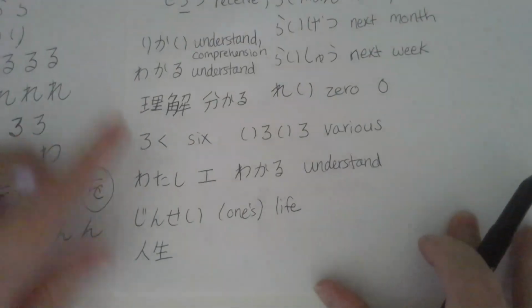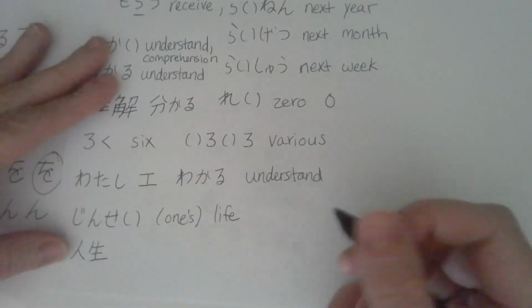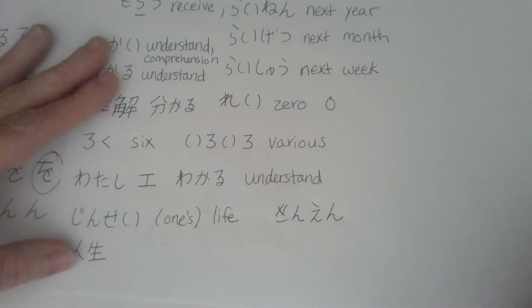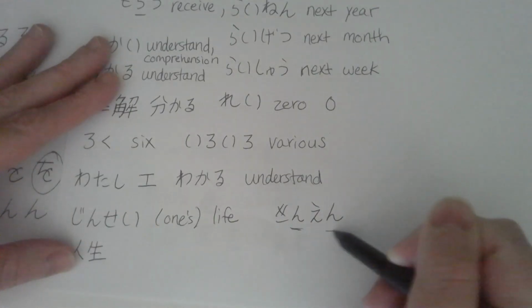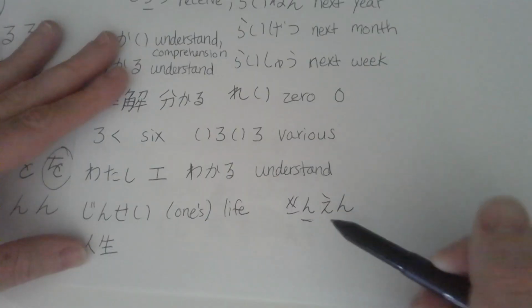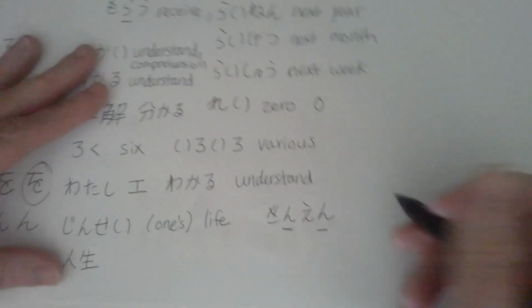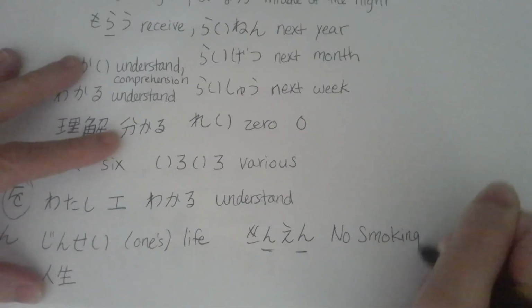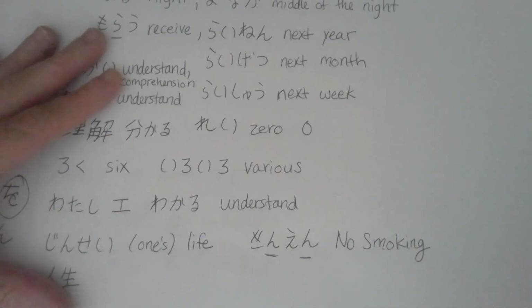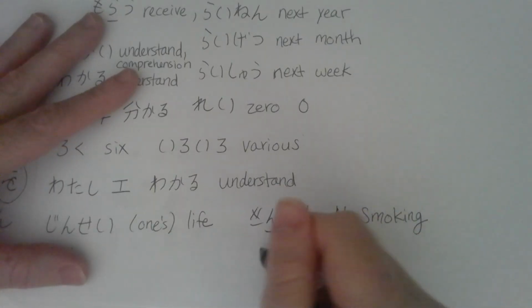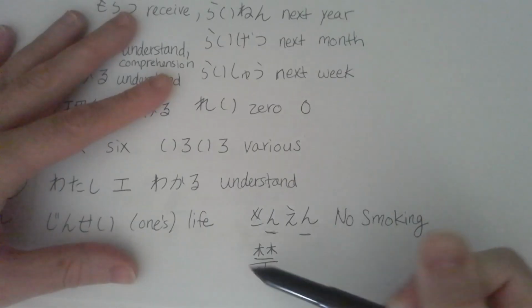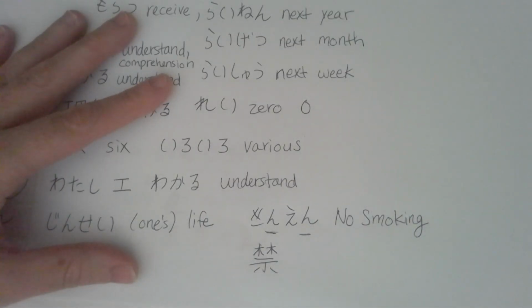Here's another good one, kin'en. So it has two of them here. Kin'en, kin'en. This means no smoking. And you'll often see this as a sign in Japan with the kanji. Like this. Kin is like prohibited.